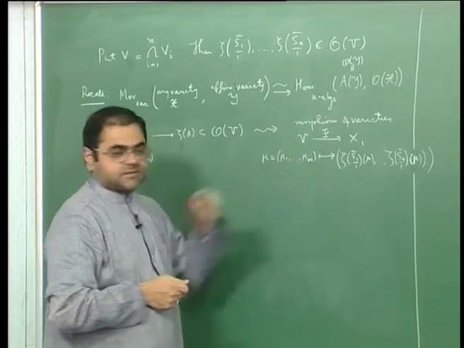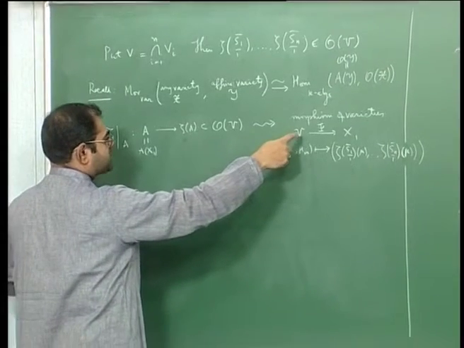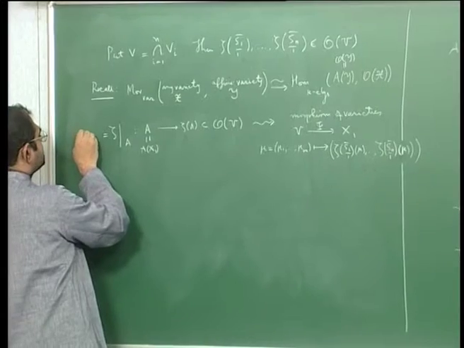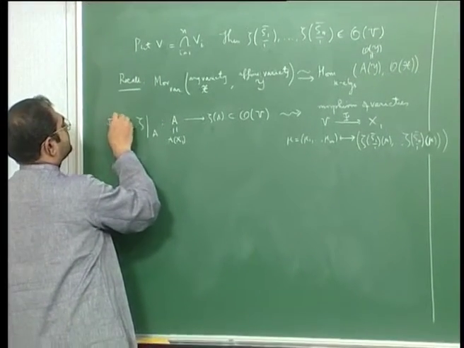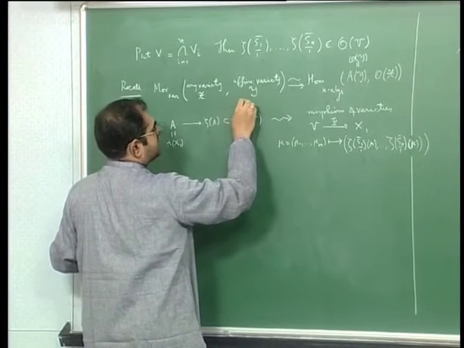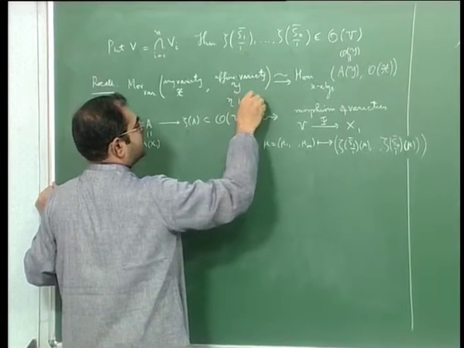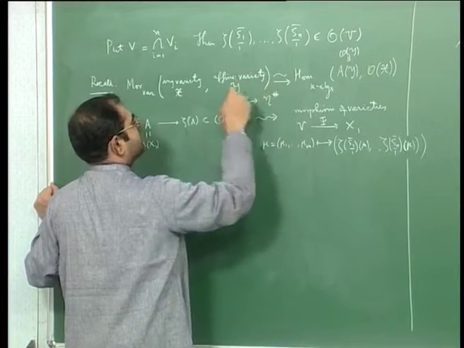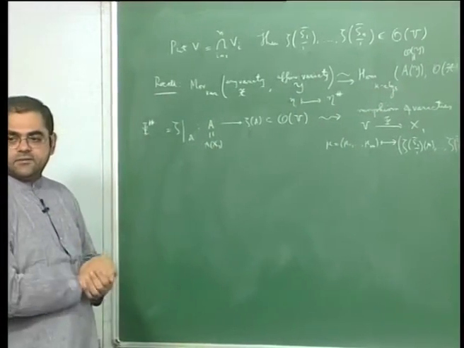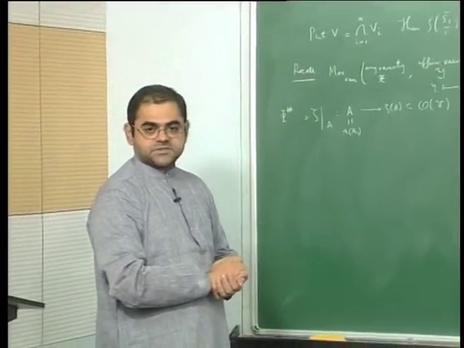So I have a morphism like this, and what is the meaning that this comes from this? It means that this is actually psi hash. The map from here to here is just eta going to eta hash, because given a morphism of varieties you have the morphism at the regular functions level given by pullback of regular functions.